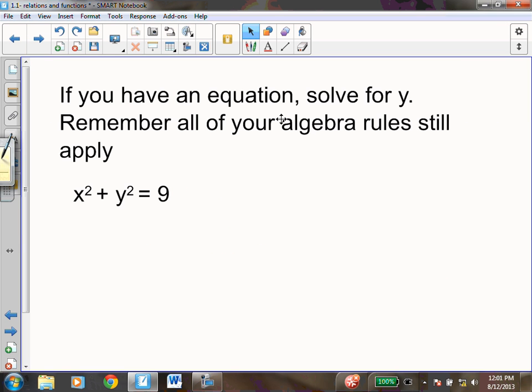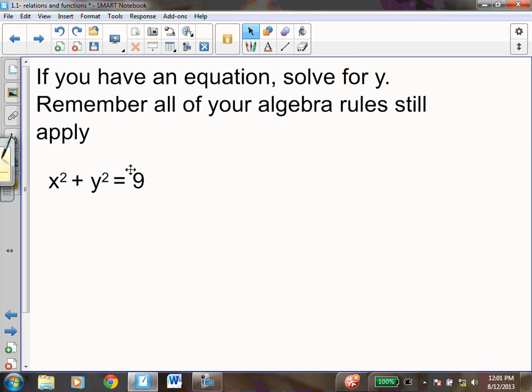And finally, we could be given a simple equation. If we are going to determine if this represents a function, we have to isolate the y. Make sure to focus on all of our rules of algebra. The first thing I'm going to do is subtract x squared from both sides to try to isolate the y.